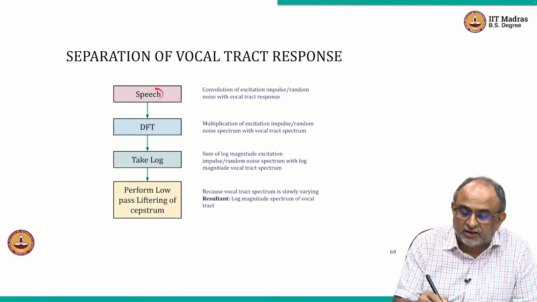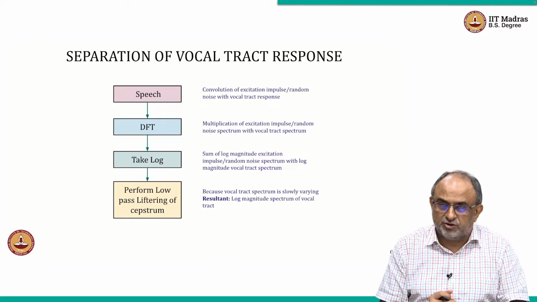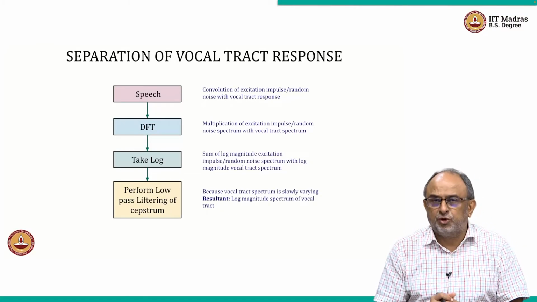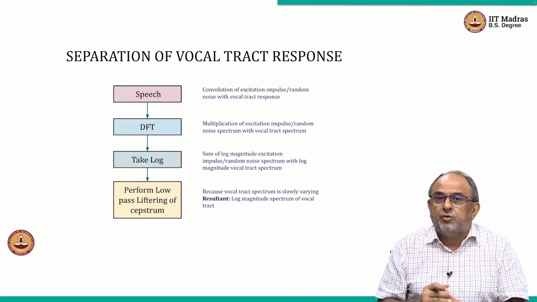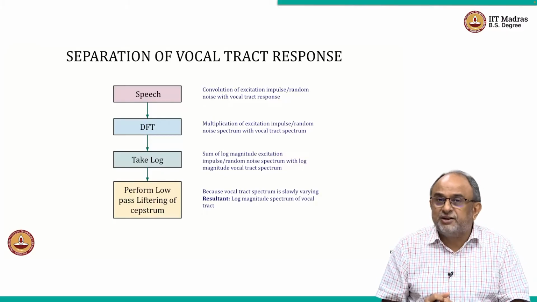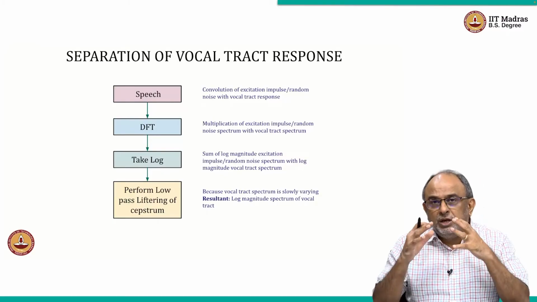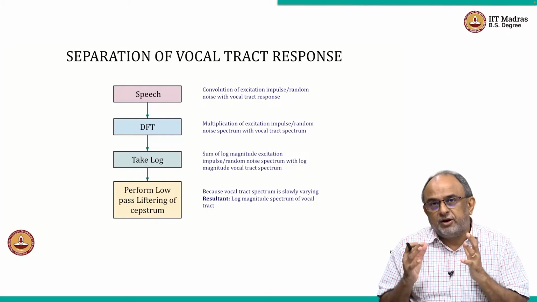We take the speech signal and convert it into frequency, and remember in computers we use the DFT as a Fourier representation. Then we take the log. Remember why we take the log: we want the multiplicative aspects in the frequency to become additive aspects. Then we do the low pass filtering, which, because we are in the frequency domain, we call liftering, and extract that part.